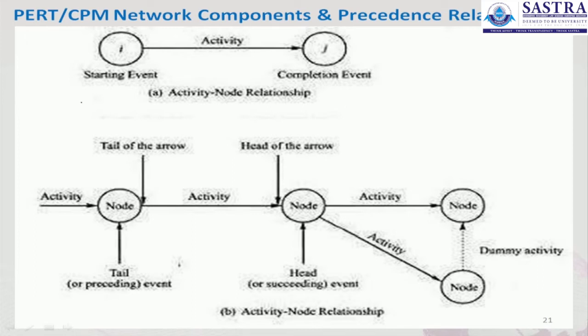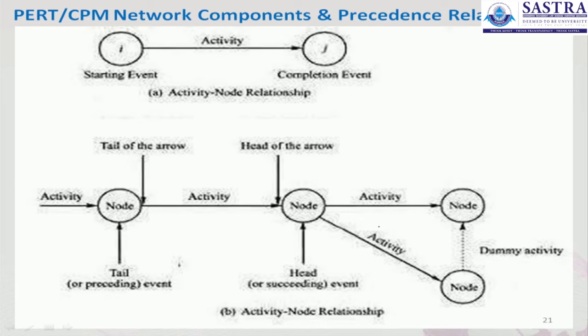And the tail of the arrow: there is a node, already I have given the circle, every circle as a node. So that activity is the tail of the arrow and the tail of the preceding event. And through the activity we have the head of the arrow at the node, the head of the succeeding event is also there. So we also have a dummy activity, which we have to mention with dotted arrows.